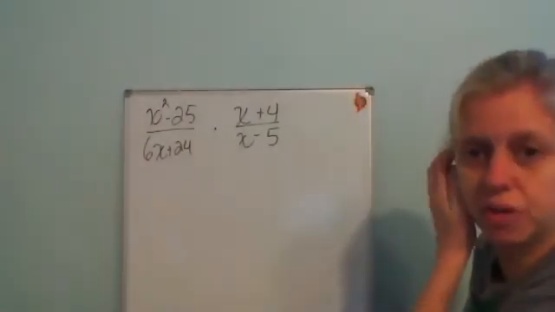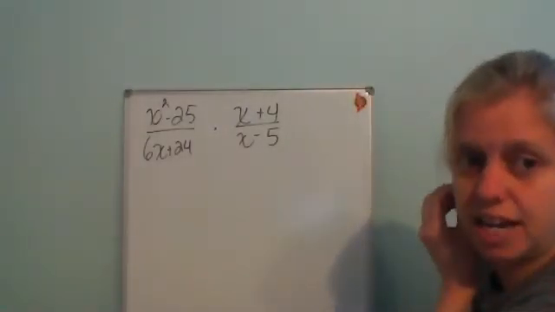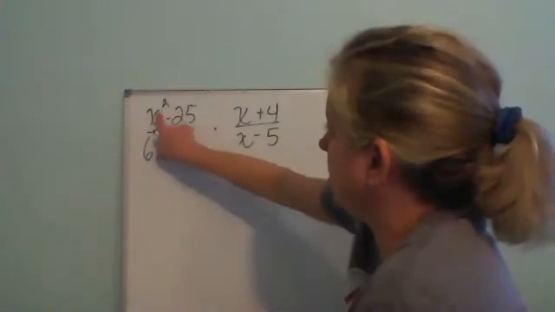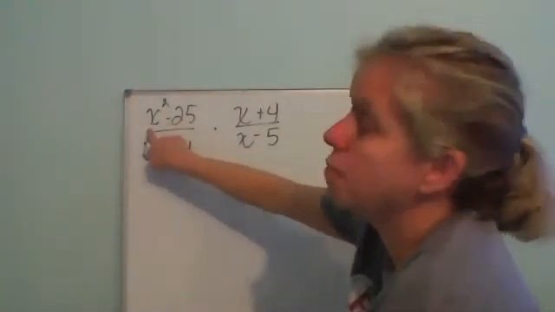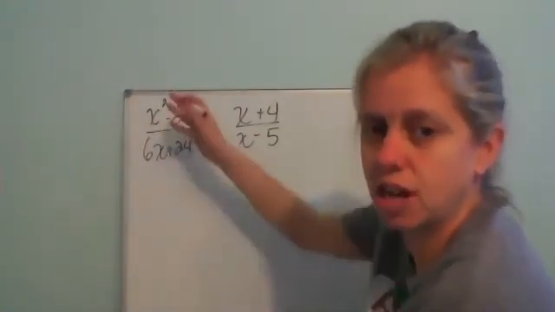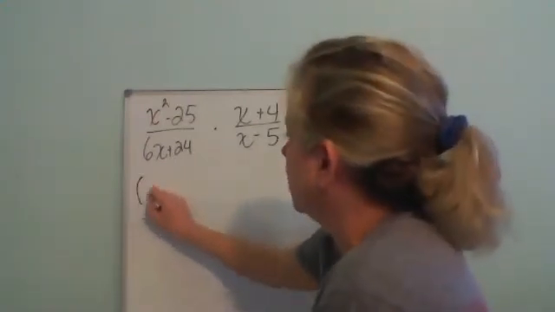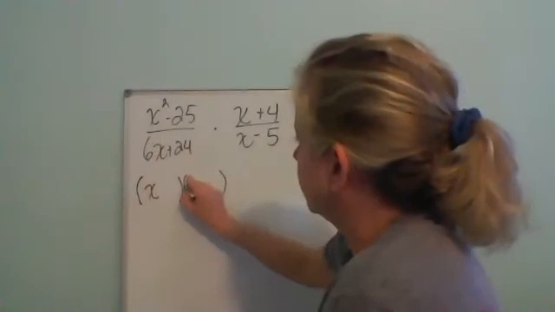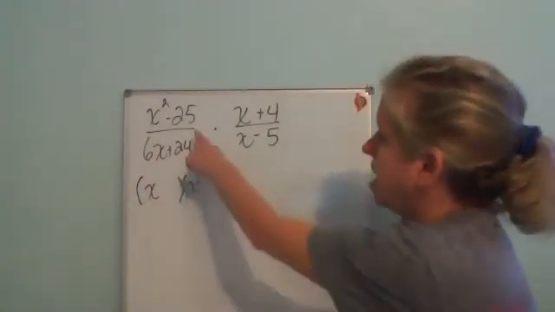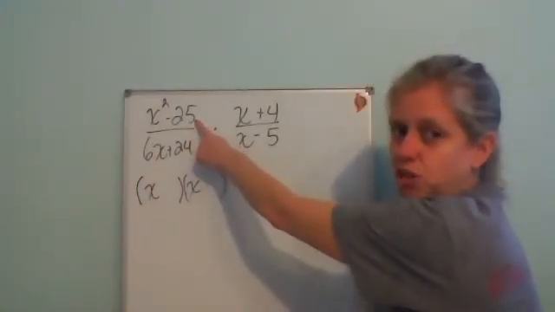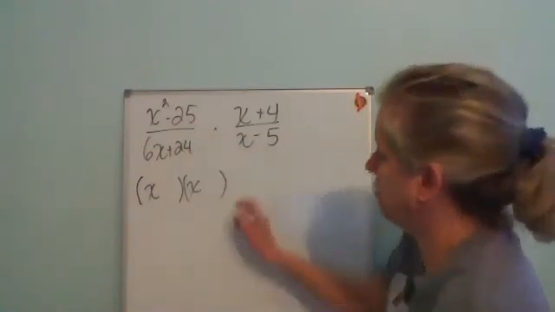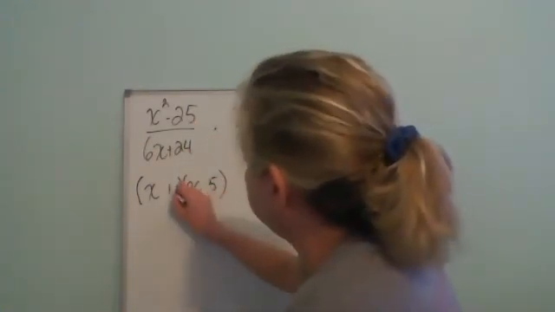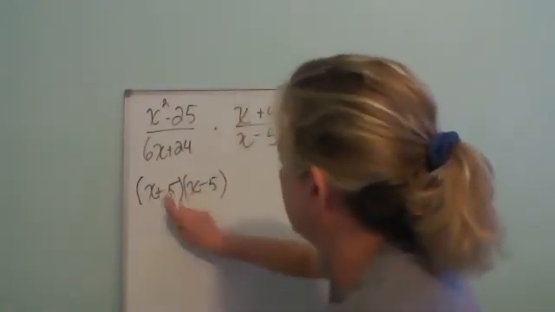So again, I'm looking everywhere I can to do any factoring. Up here, 2 terms, both perfect squares. So there's another difference of perfect squares. So to get x squared, I'll have x and x. And the number that's the same that you multiply to get 25 would be 5 and 5. 1 plus and 1 minus.